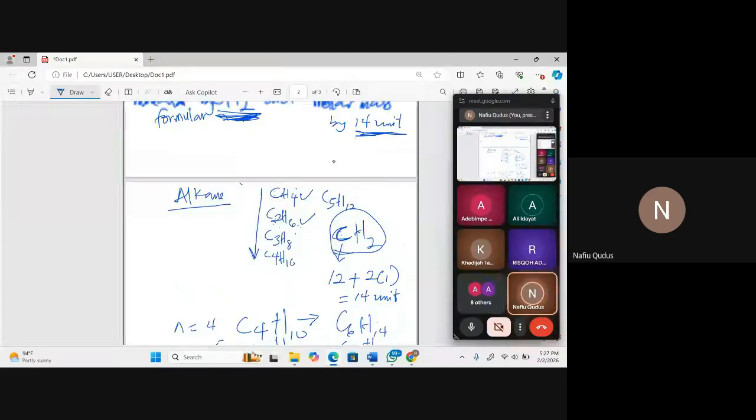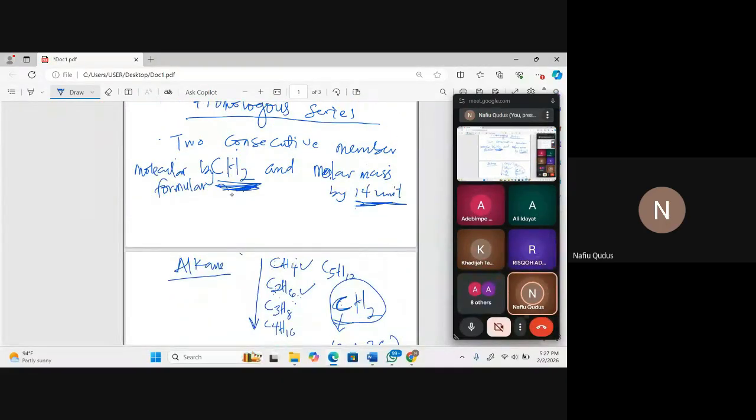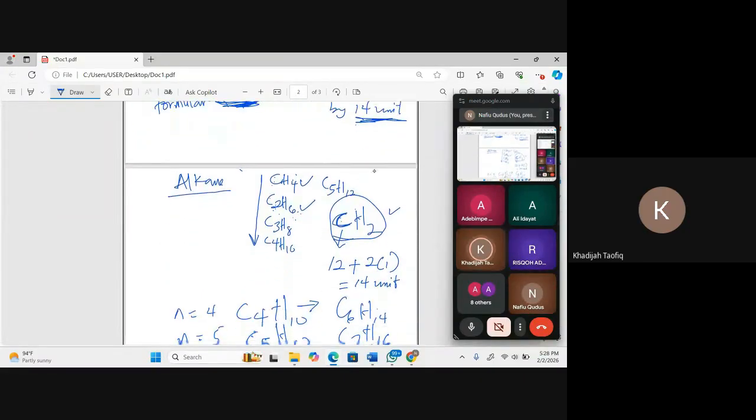Two consecutive members differ in molecular formula by CH2 and molar mass by 14 units. Are we together? Yes, sir. Even if you check these two consecutive members, C3 and C2, when you remove them you still get CH2.